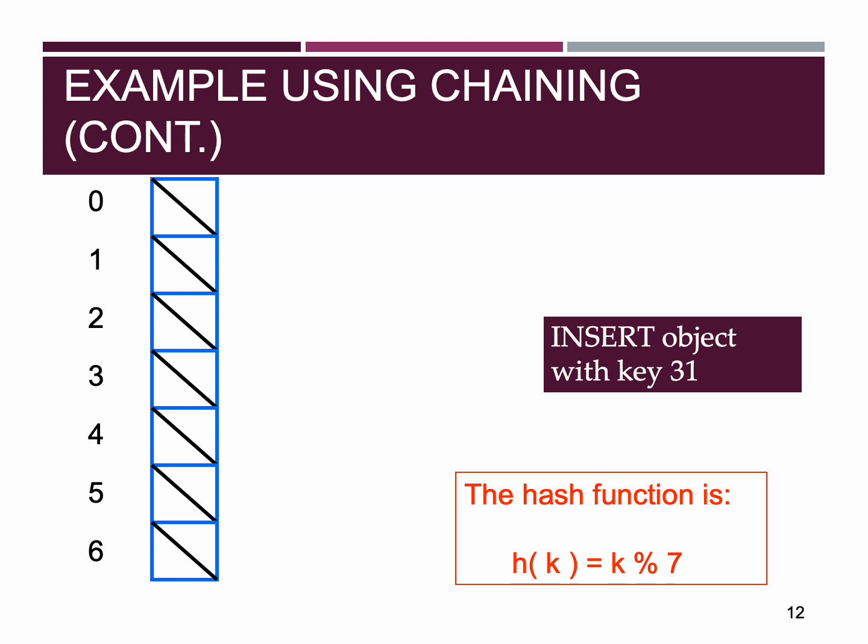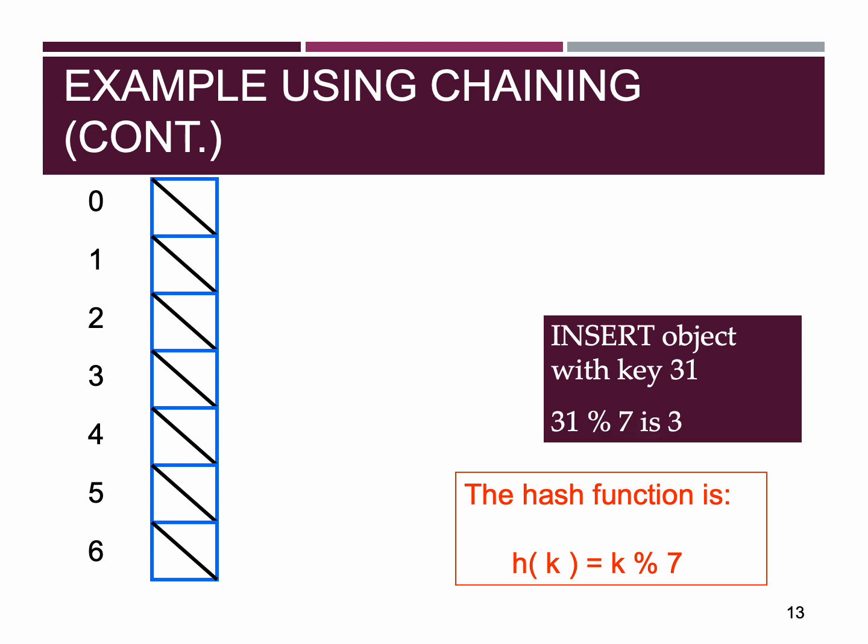Here, first, we are inserting an object with key 31. If we do that, our index will be 3.